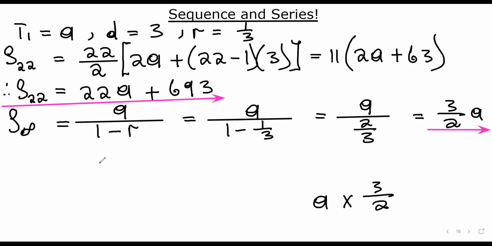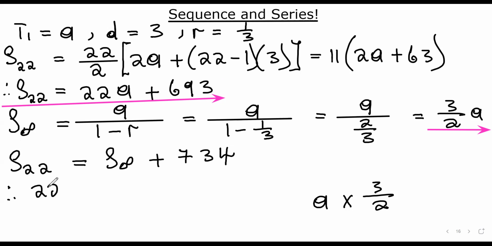Well, we go to the most important part now. They told us that the sum of the 22 terms in an arithmetic sequence is actually equal to the sum to infinity plus 734 therefore. Yes? So then what does it mean?